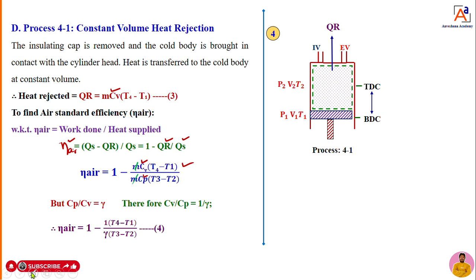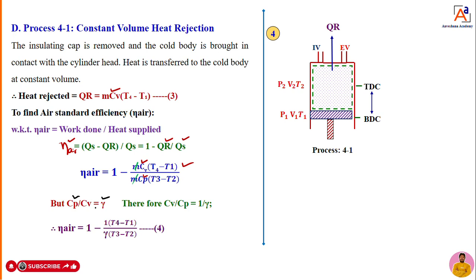Dear students, one thing you have to remember here. The specific heat ratio, CP by CV, is nothing but gamma. It's the ratio of specific heat of air at constant pressure to that at constant volume.